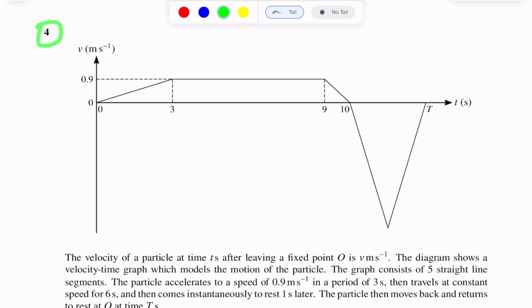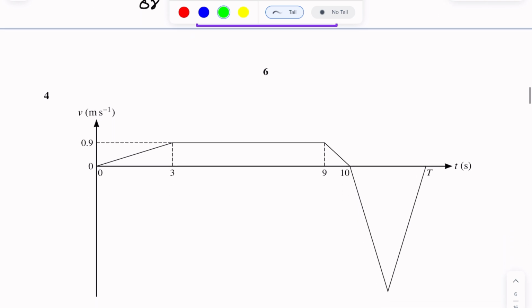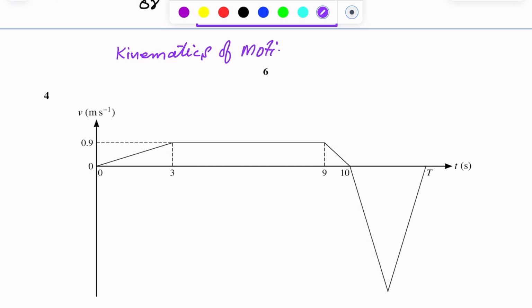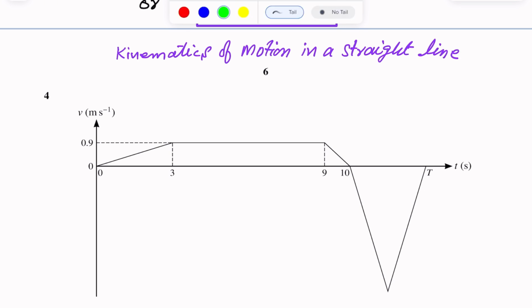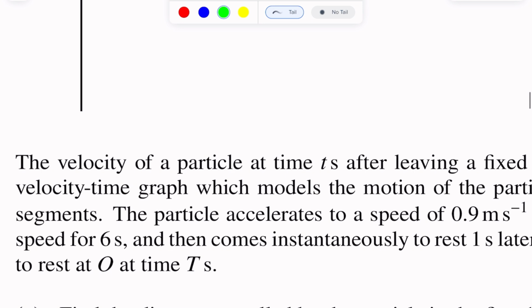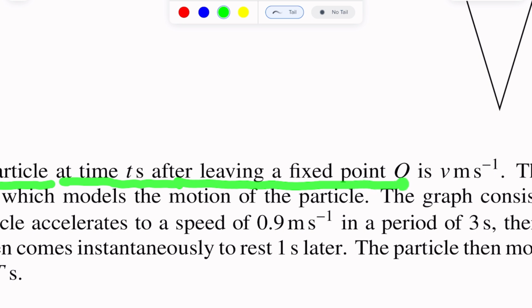Question number 4. This question is from kinematics of motion in a straight line. The velocity of a particle at time t seconds after leaving a fixed point O is v meters per second.